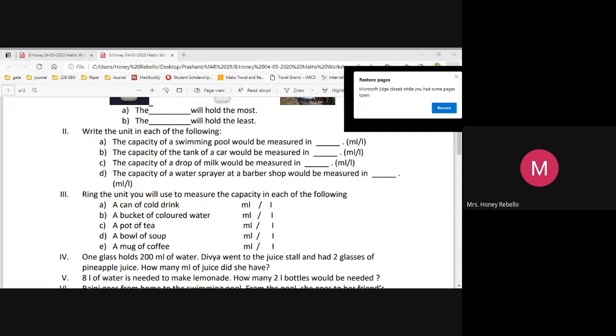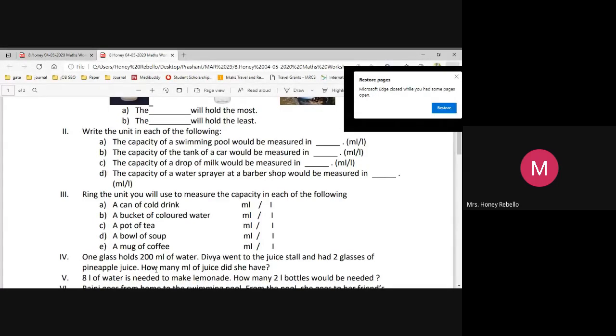Don't write anything. Now, next child is Sachin. Good morning, Sachin. How are you? I'm fine, ma'am. Now listen to this question, Sachin. The capacity, that is the volume, of the tank of a car.